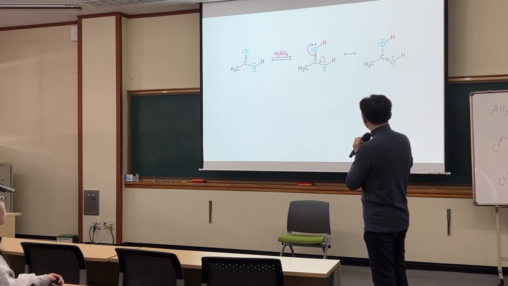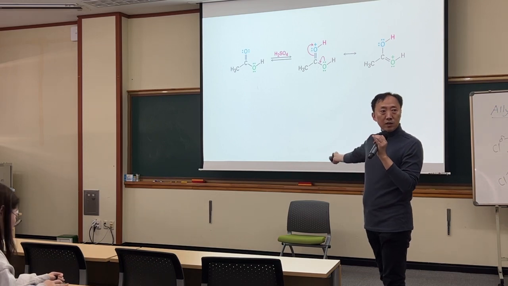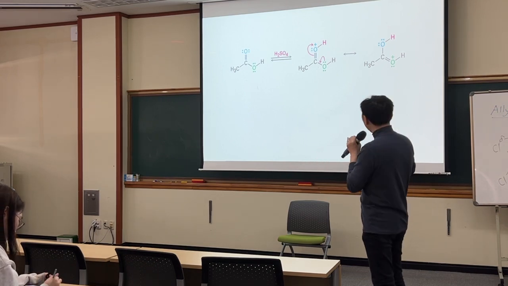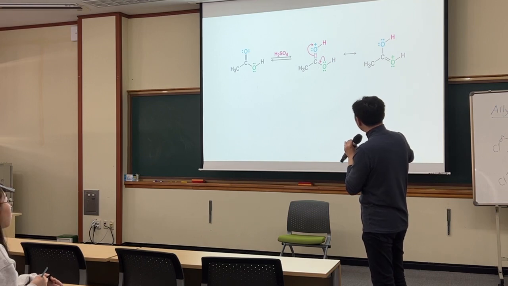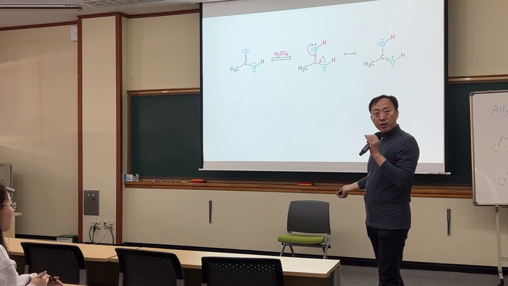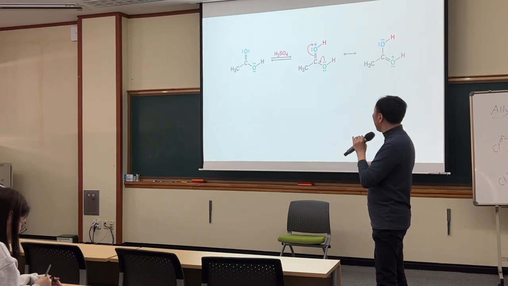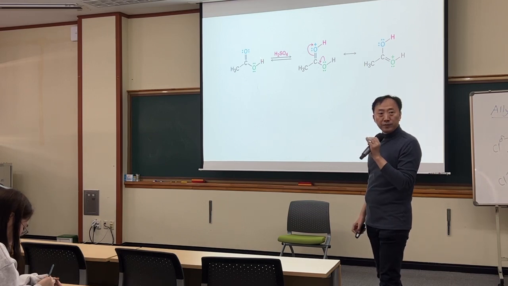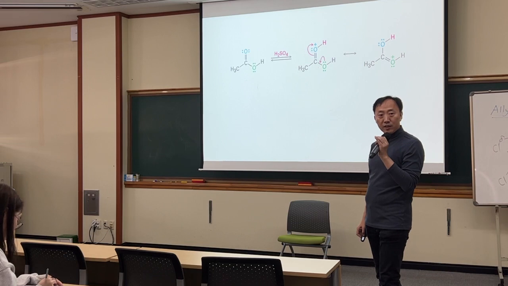Then if you draw it this way, this is a perfect resonance structure. And if you draw that line here, then the plus charge is distributed over three. This is a resonance structure, but this is not. If you put this proton up to here, that's not what we call a resonance structure.